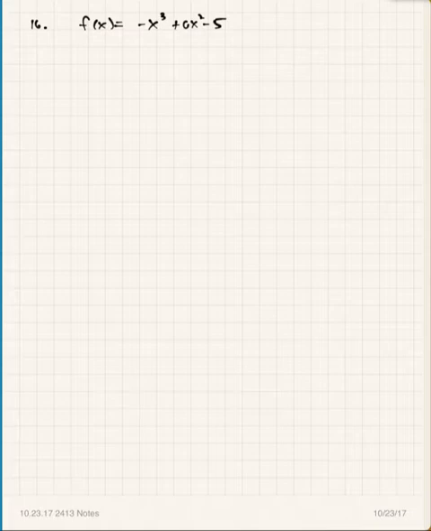And we're going to look at analyzing the graph here using the first and second derivative.